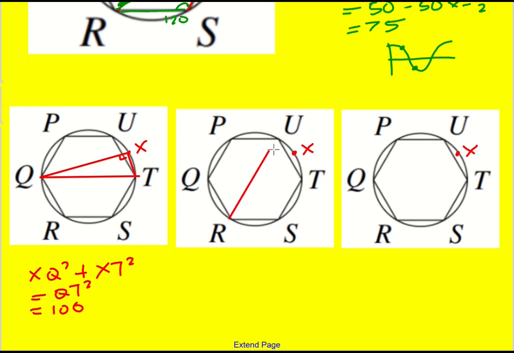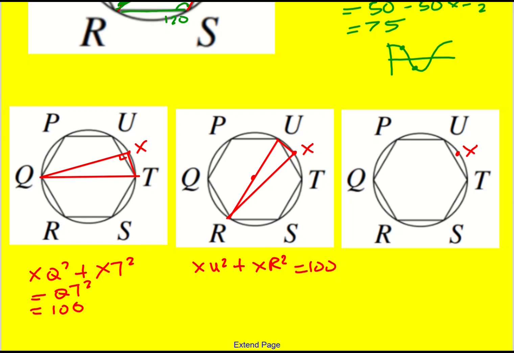But if I go ahead and draw my diameter using a different two corners, I get exactly the same thing. Now I'm going to have XR squared plus XU squared is 100, because again, we're necessarily going through the center. This is the diameter. And you can see where I'm going with this.